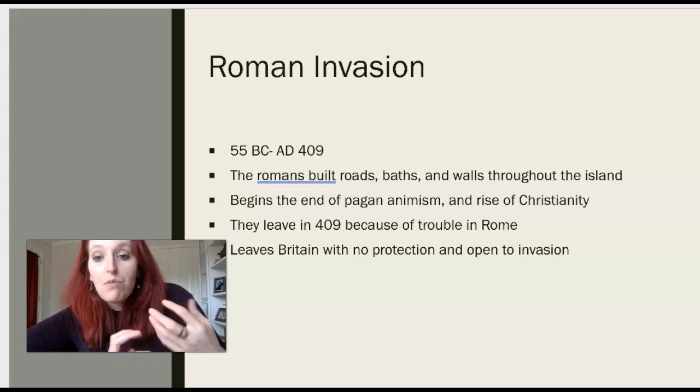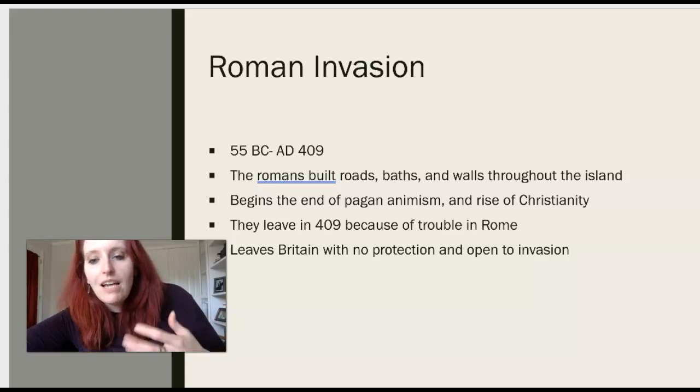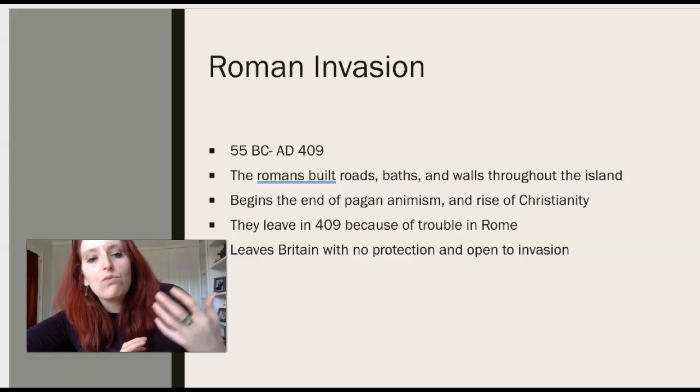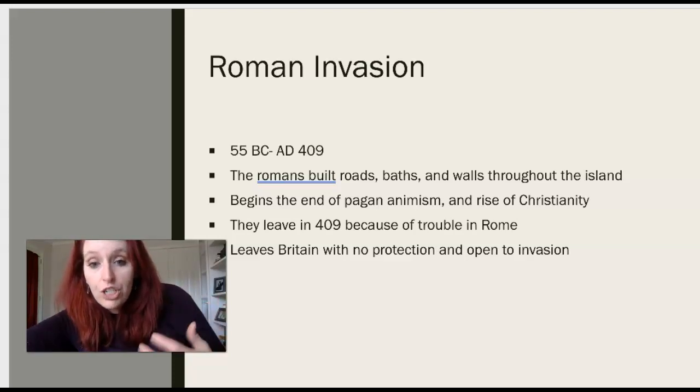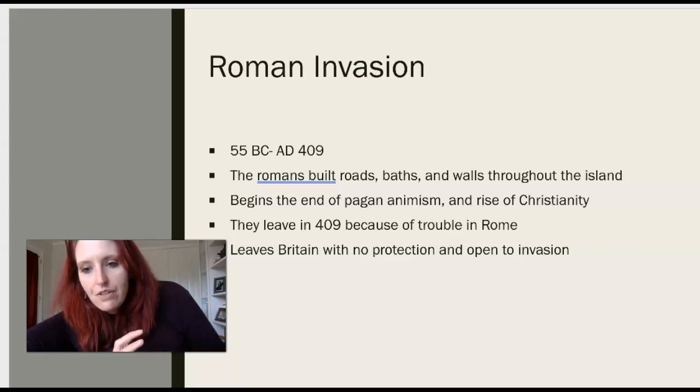But the Roman invasion really begins the end of pagan animism, and gives rise to Christianity. And for the 300 or so years that they are in England, they lay some groundwork, but they leave in 409 because there's trouble in Rome, and they vainly make this attempt to go back and save the fall of the empire.